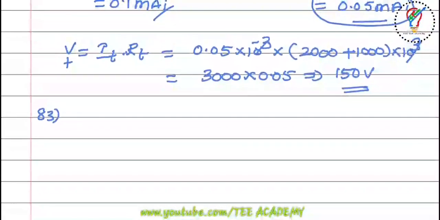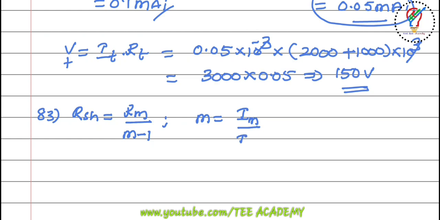Right. Now RSH, the shunt resistance, should be the meter resistance divided by m minus 1, where m is the multiplying factor. What is m? It is the actual current to be measured, Im, divided by the meter's current Ia. Im is 100, which we need to measure.